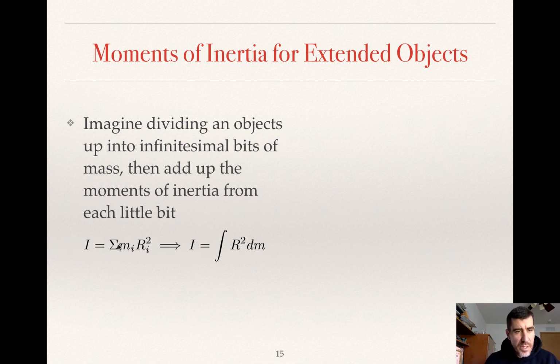So this sum of m sub i r sub i squared, now that the m sub i's become infinitesimally small, is actually a Riemann sum, so it turns into an integral. To calculate the moment of inertia, we need to do the integral of r squared dm.